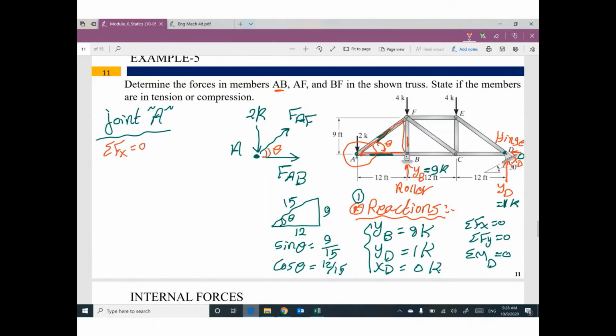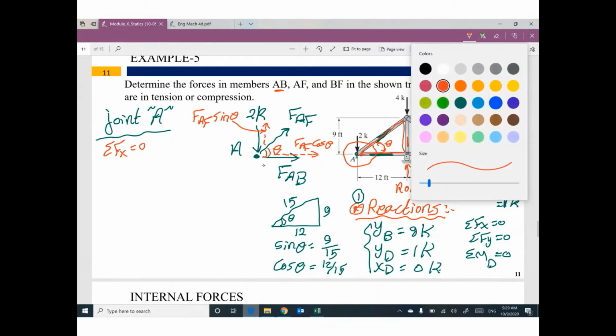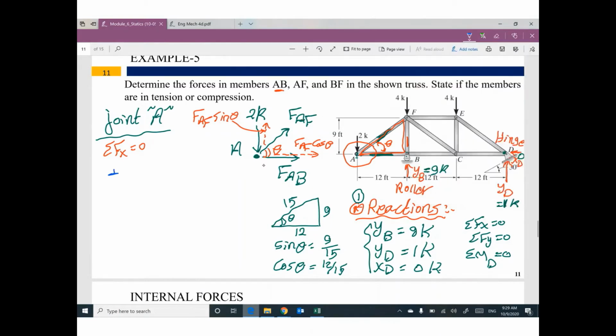Anyway, go ahead and apply summation Fx equals 0. For x, we have horizontal component here from this force, FAF cosine theta. We have vertical component here will be FAF sine theta. So what do you have in x direction? We have positive FAB.